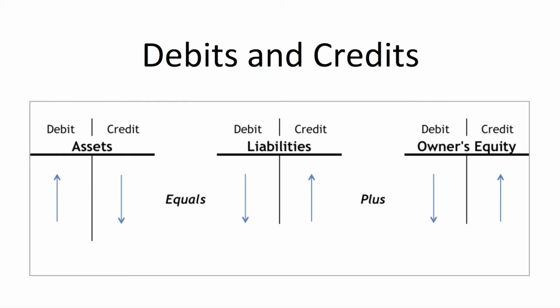And so if we can solve one half of the transaction, we can by default solve the second half. But the key to this is to know the formula, assets equals liabilities plus owner's equity, and then remember the phrase that things on the left go up on the left, things on the right go up on the right. And from that, everything else can sort of be solved.